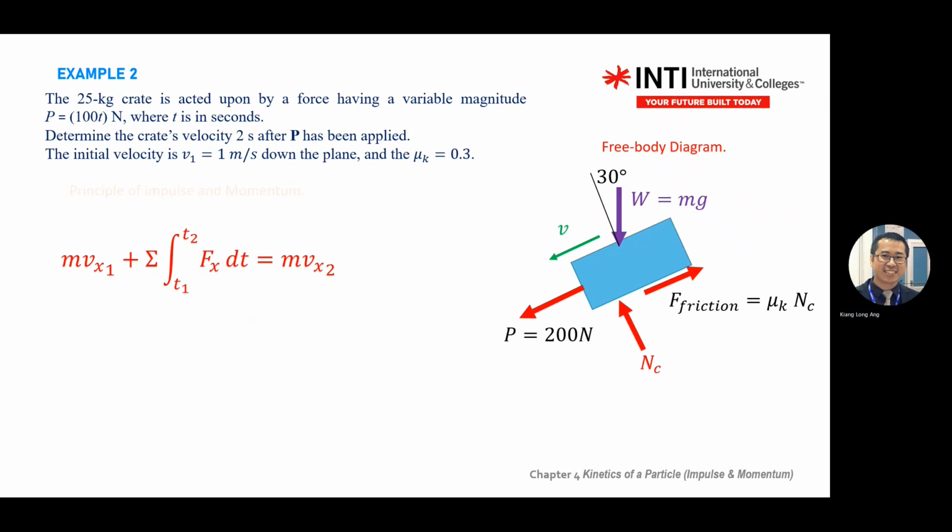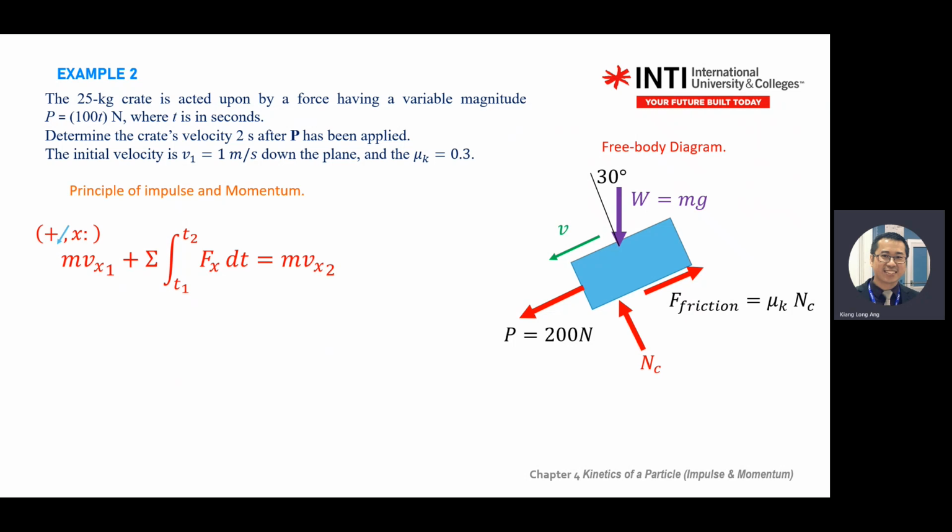So I put in the principle of impulse and momentum. Momentum before plus the impulse equals the momentum after. So what happens to your Vx? In this case my x is positive going down, which helps me remove all the negative signs.